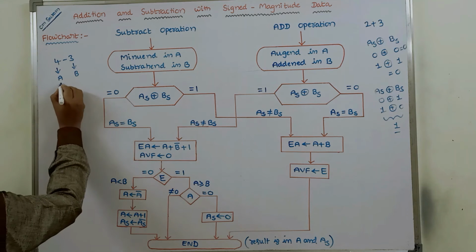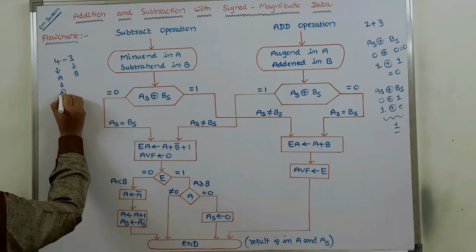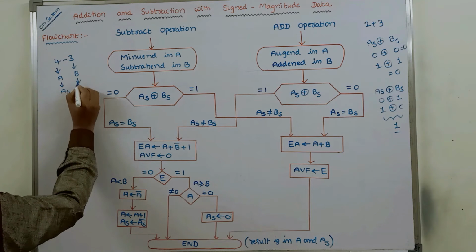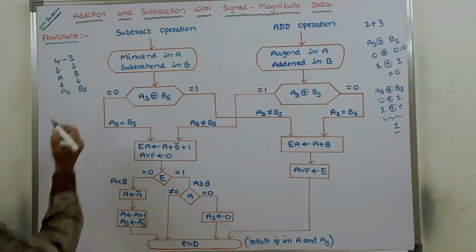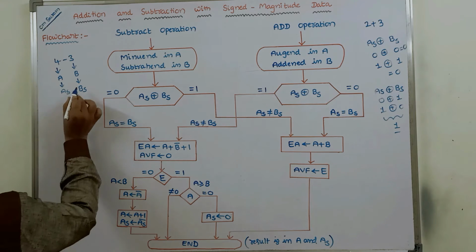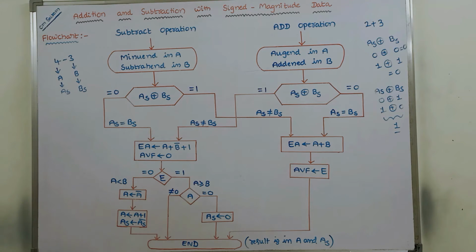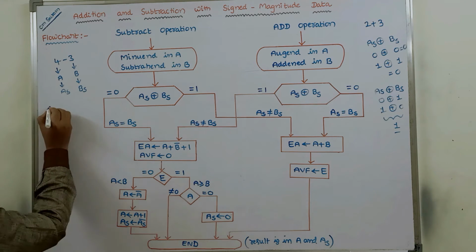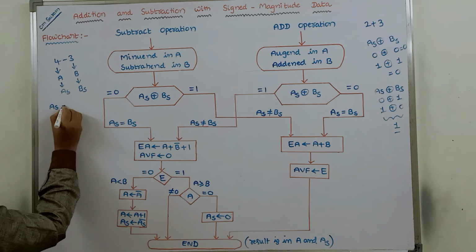What is the sign bit of A? That is AS. And the sign bit of B is BS. First, we have to compare the sign bits of A and B using the exclusive OR operation.